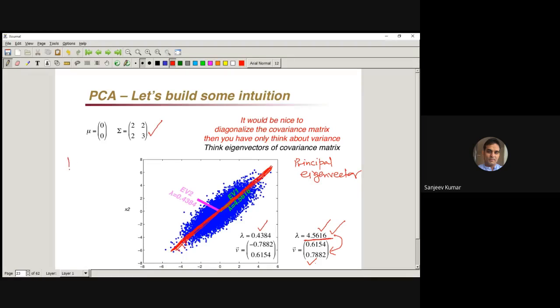Now suppose I have a 100 dimensional problem, your data has 100 dimensions, and you want to come down to, let us say, 40. How will you do it? Anybody of you, based on this 2 to 1 example, you can generalize it. How will we do it?